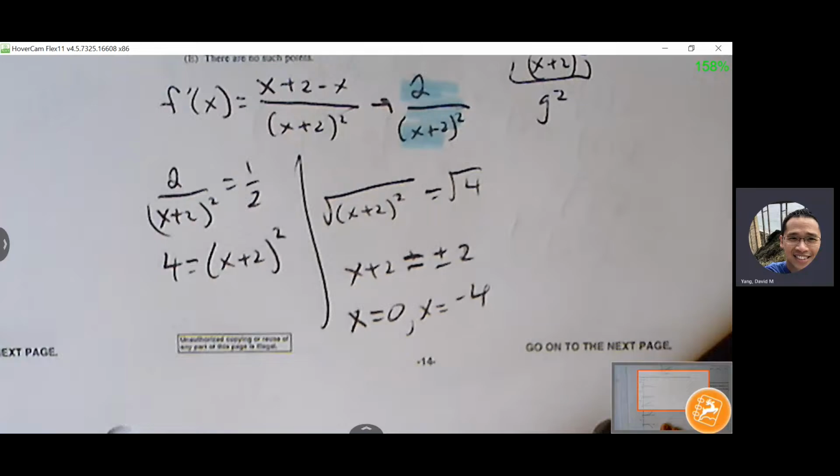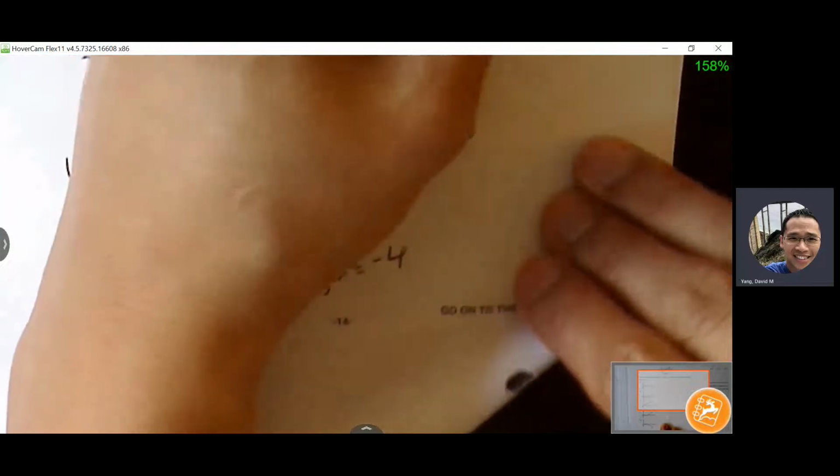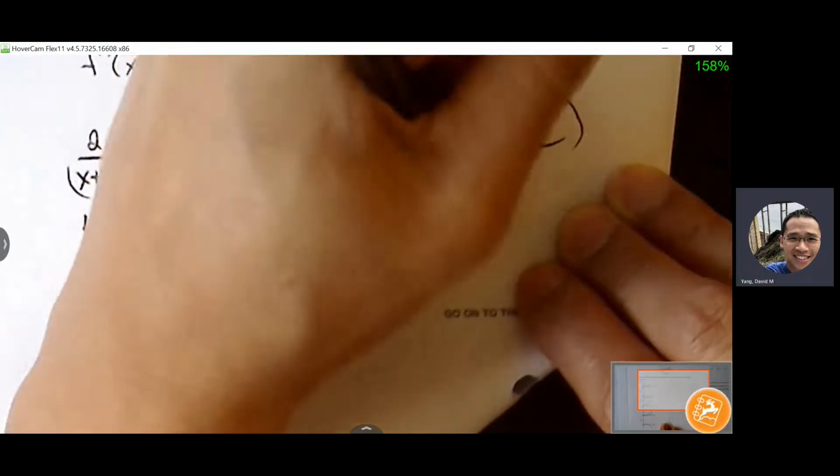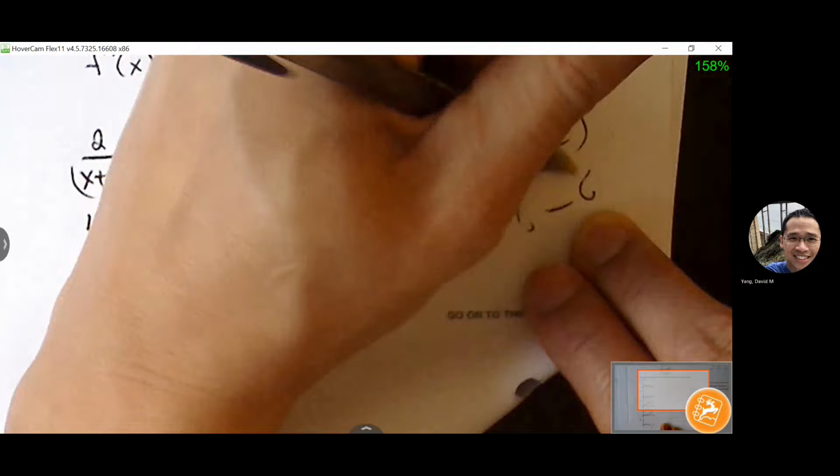I got two numbers. x plus 2 equals 2, x plus 2 equals -2. I get 0 and -4. So I know my x values. Just have to find my y values at these 2 points.